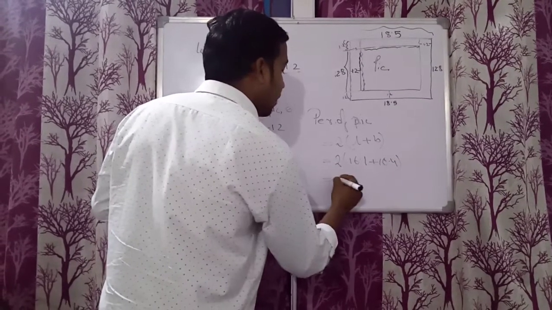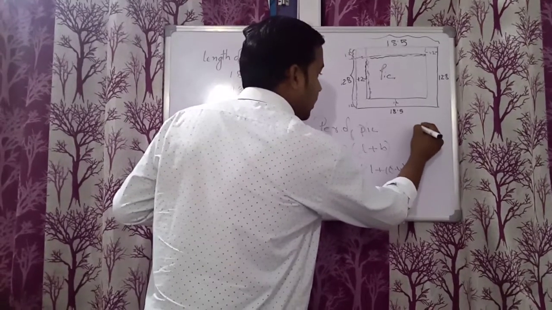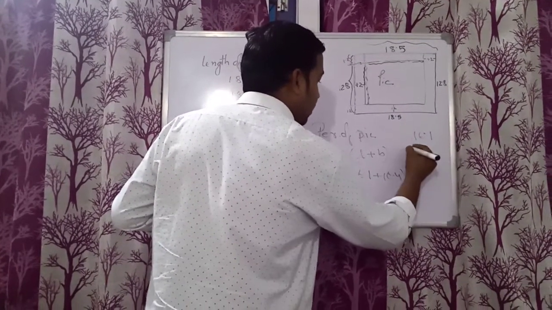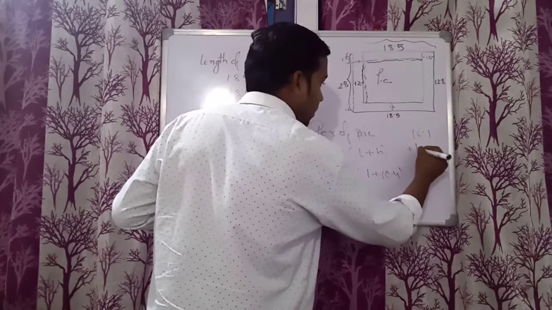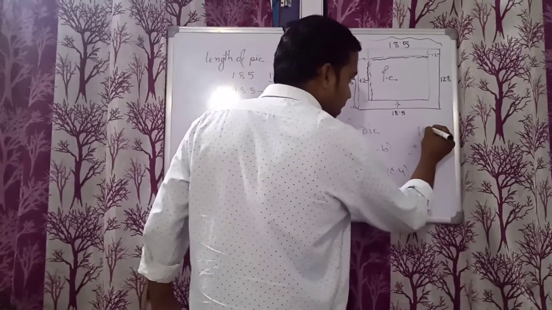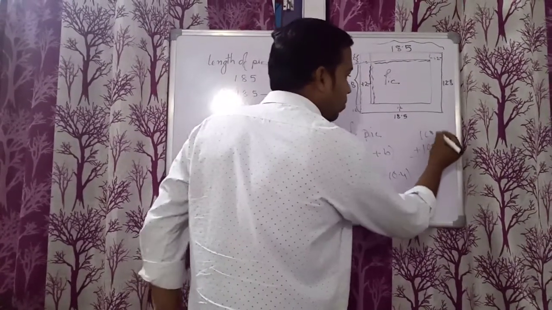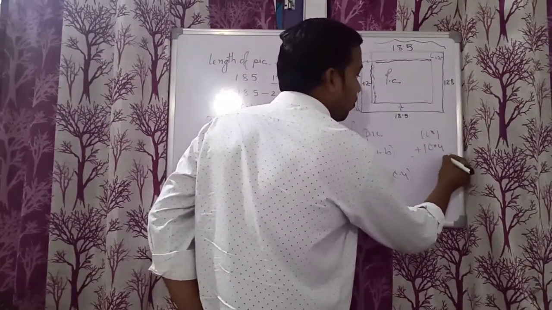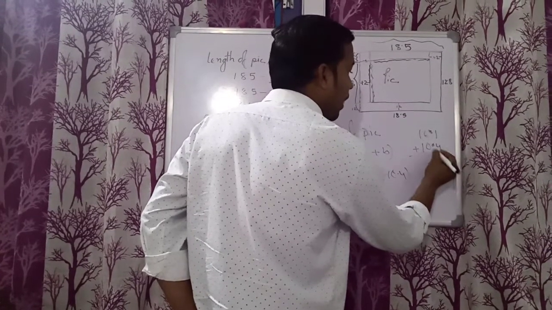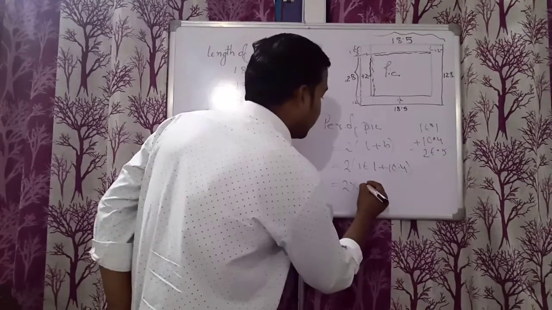Then is equal to 2 into 16.1 plus 10.4. Here I am writing this decimal in a row, in a line. Remember it. Don't forget this thing. Then 1 plus 4 is equal to 5. Then put the point. Then here 6. Then here 2.